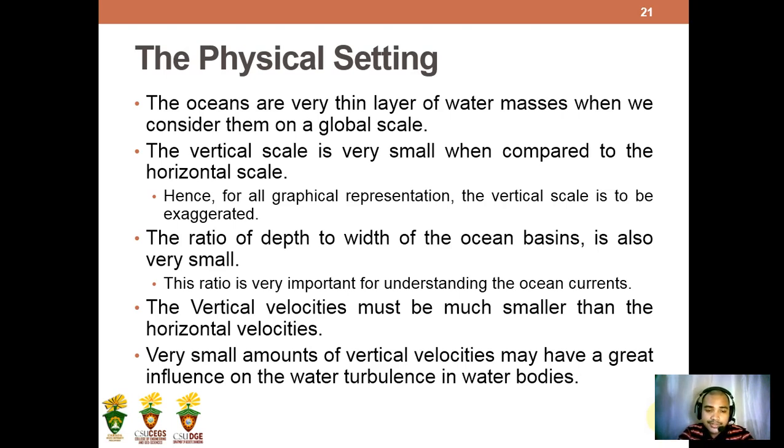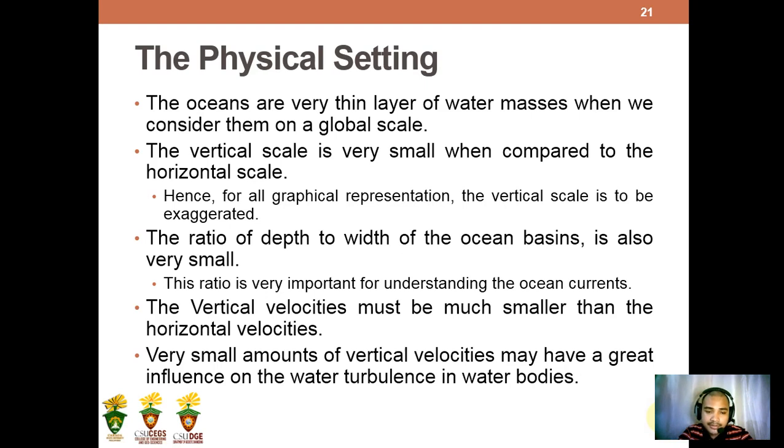It also stated here that the ratio of depth and width of the ocean basins is also very small. Since atong discuss sa ganina, ang vertical scale is very small compared to horizontal scale. Therefore, ang ratio sa depth and the width of the ocean is very small.